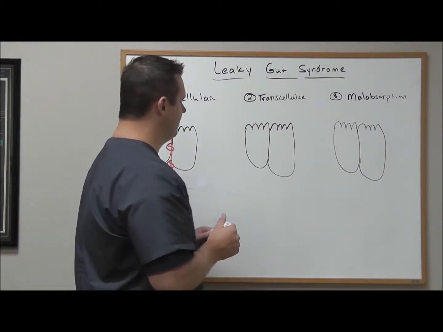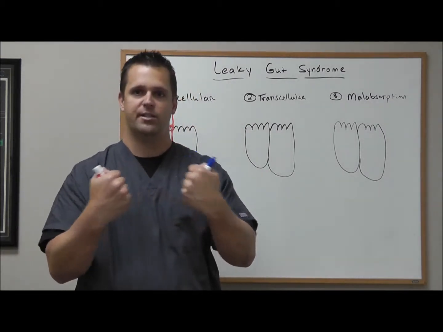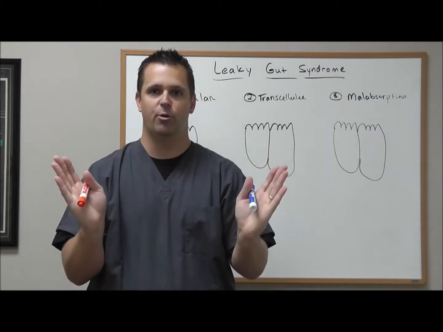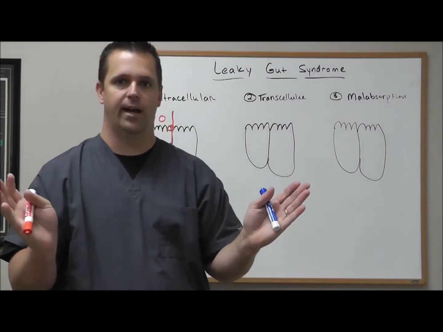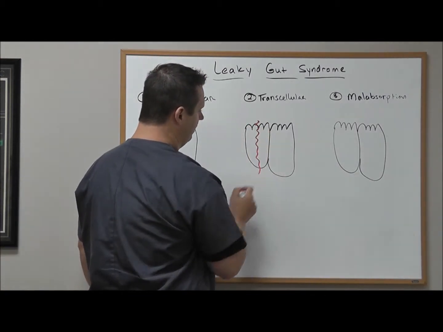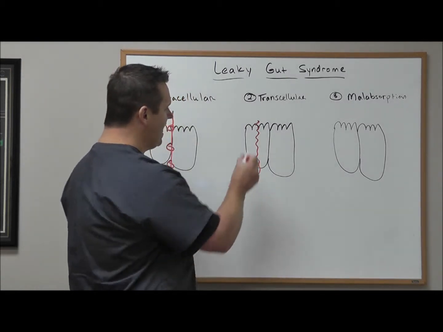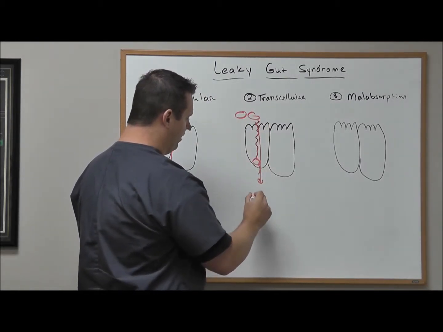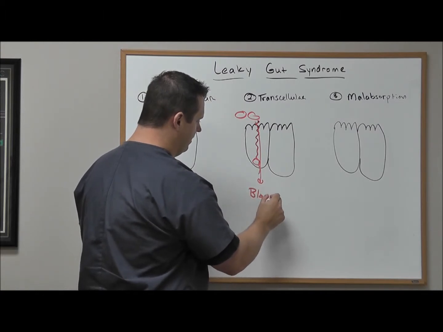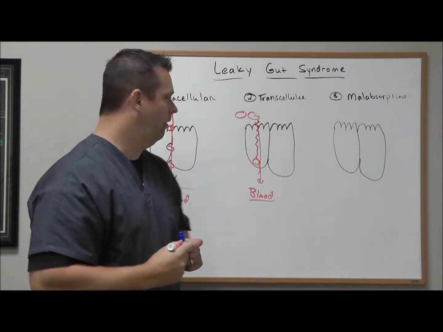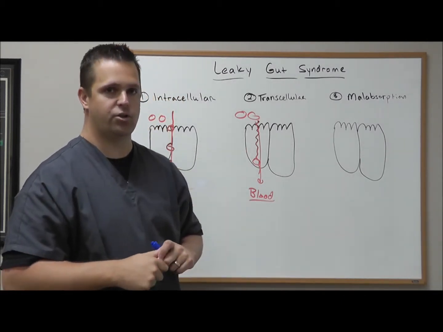This is where we get not so much a tear or separating of the tight junctions, but the cell itself will just rip open, due to a toxic load or a stress on it. So we actually get the cell to rip in half, and then our particles will cross through that way into our bloodstream. Now, how do we test for transcellular breakdown?